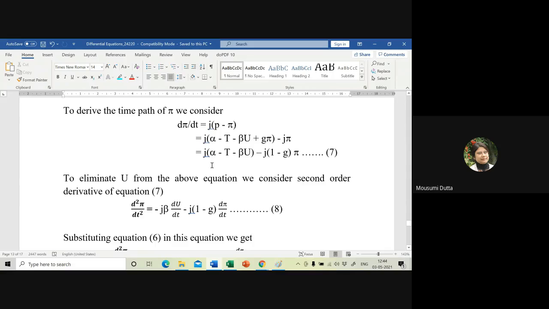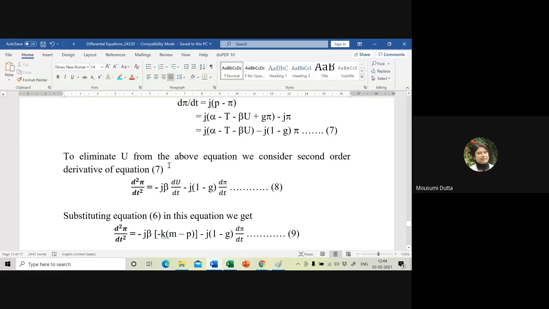So we are presenting the things, the pi part we are keeping separate and the rest we are keeping separate, because we have to change this part. We have to bring everything in terms of pi. If I like to find out the time path for pi, all the substitutions, etc., will be made in such a way so that everything comes in terms of pi.